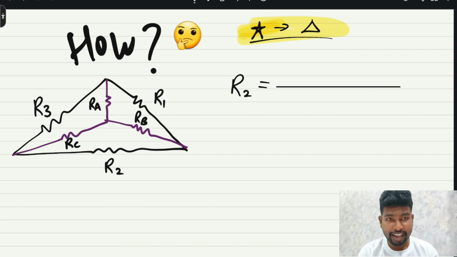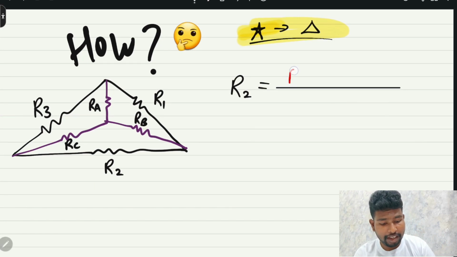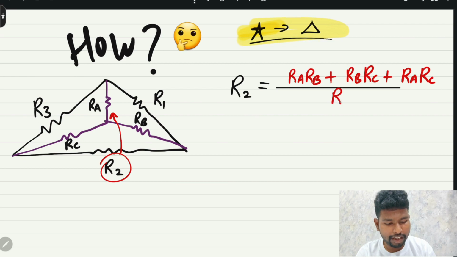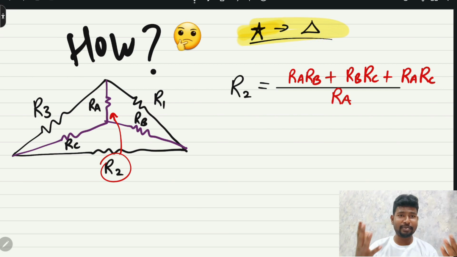At the numerator is the combination of pairs, three pairs in total, which is RA RB plus RB RC plus RA RC, followed by, when it's R2, the opposite of R2, which is RA. That's it. Super simple, isn't it?